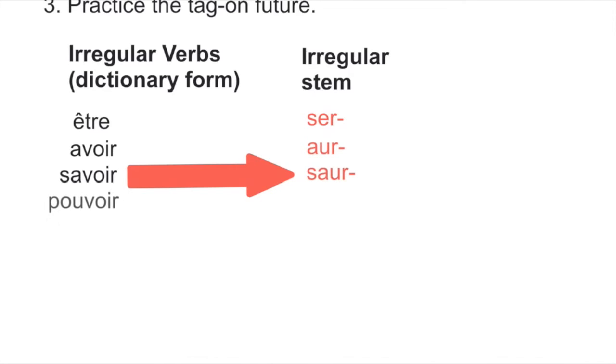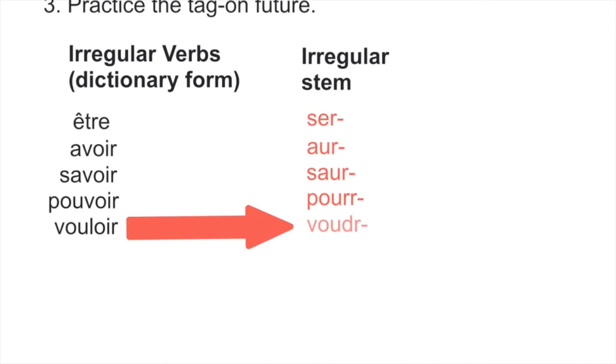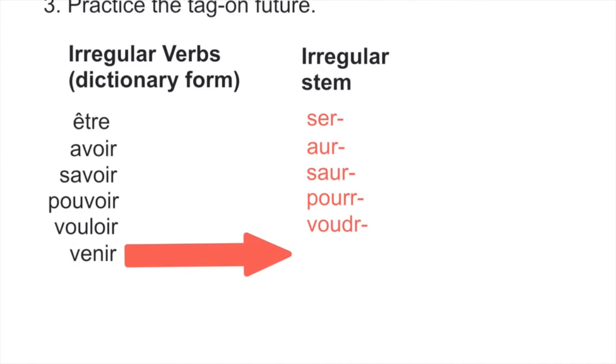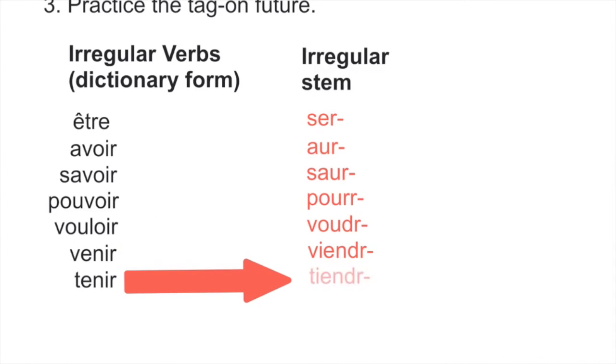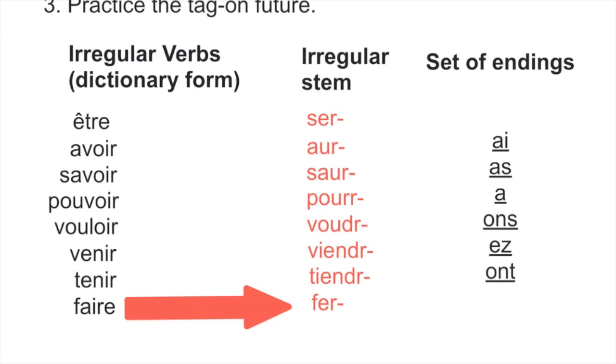And pouvoir, to be able to, is not very different. The stem for vouloir, to want, follows somehow the same logic. We've already seen venir, and look, tenir, to hold, is not much different. And finally, we have faire. Now remember, the endings are perfectly regular. They remain the same.